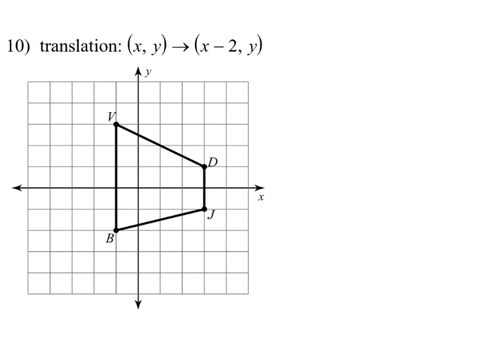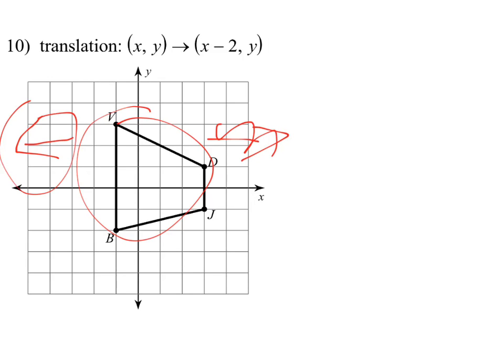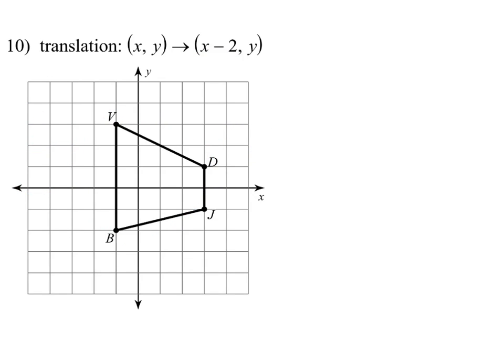Moving on to 10, translation, your x, y goes to x minus 2, and then y stays the same. So your y's aren't changing. If the y's aren't changing, you're only moving right or left. In this case, you're moving left, because it says x minus 2. And so all you're going to do is take everything here and move it left 2.